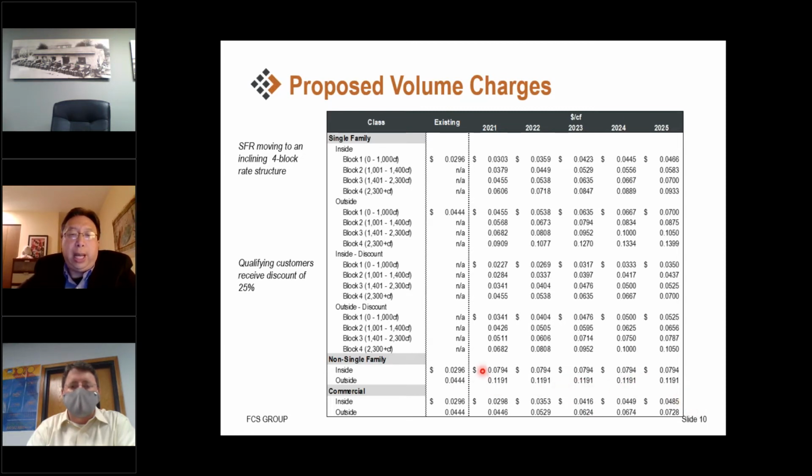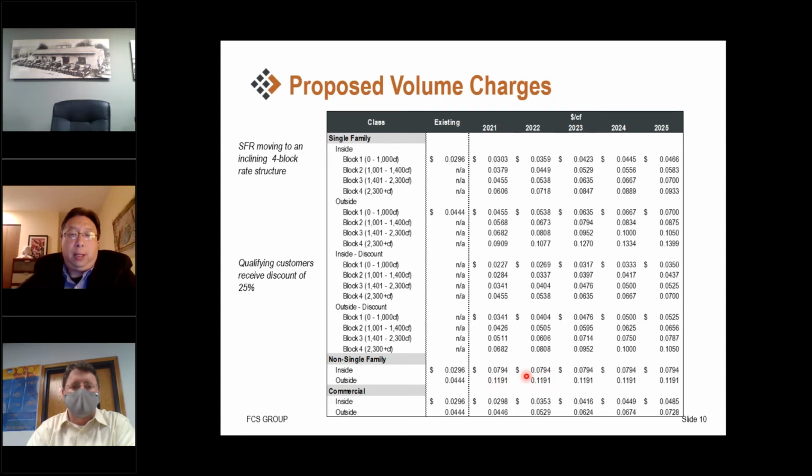Another thing that you notice here is that for your non-single family customers, their inside rate, as well as the outside rate, remains the same over the 5-year window, whereas your commercial customers increase. The reason for that is that when we evaluated the cost to serve, or the equitable share of costs for your customer classes, what we saw was that the non-single family customers are paying more than their fair share presently.